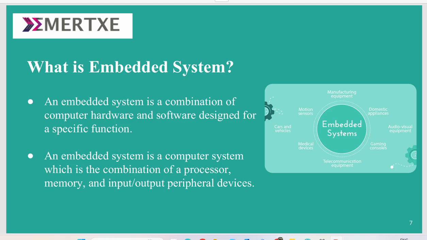An embedded system is a combination of computer hardware and software designed for a specific task or function, used in devices such as sensors, manufacturing equipment, cars and vehicles, and medical devices. It is a computer system which is a combination of processor, memory and input and output peripheral devices.